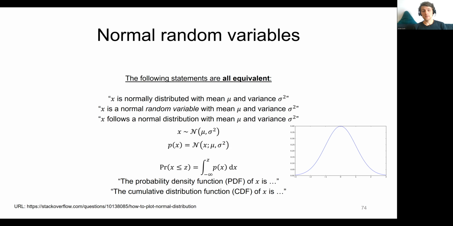And all these statements basically mean the same. What they mean is that when sampling this random variable, it will have a distribution which has this bell-shaped structure that you see on the right.